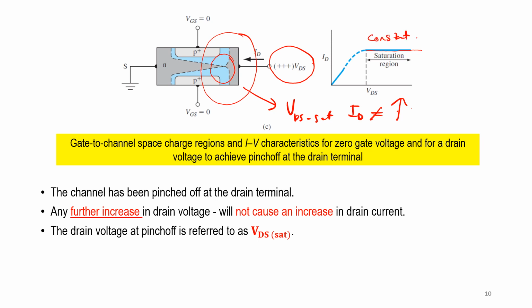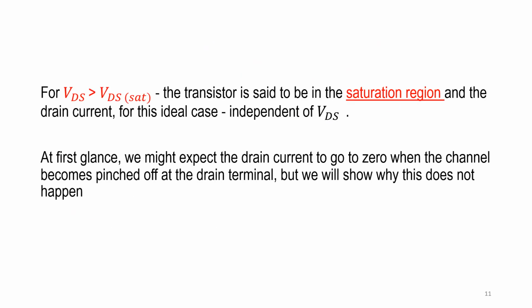At this particular point, VDS has achieved the maximum value and is normally known as VDS sat, or the VDS saturation point. So when VDS is larger than VDS sat, the transistor is said to be in the saturation region, and the drain current does not depend on the VDS value.